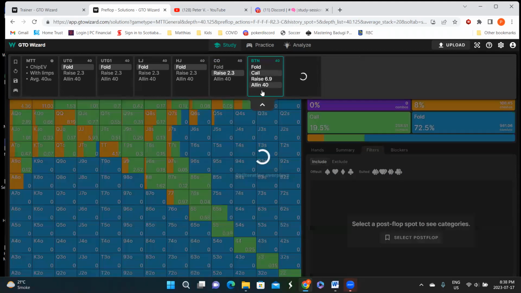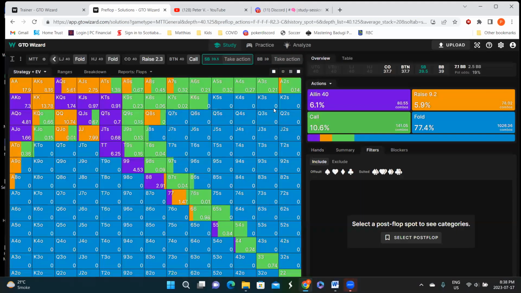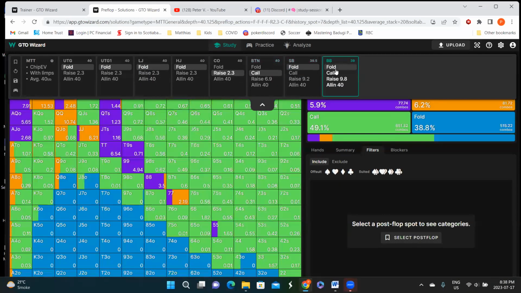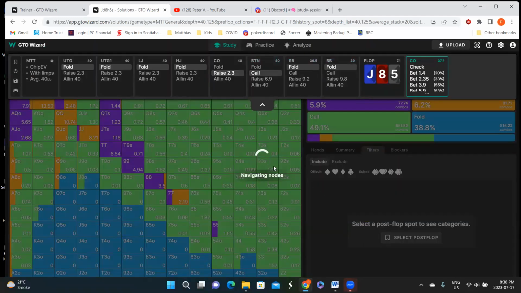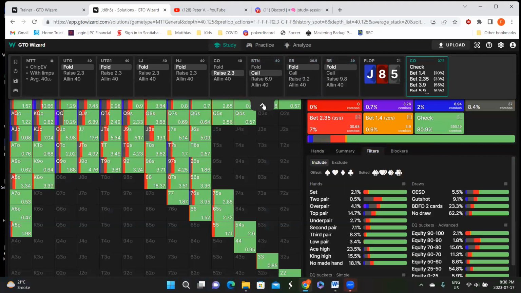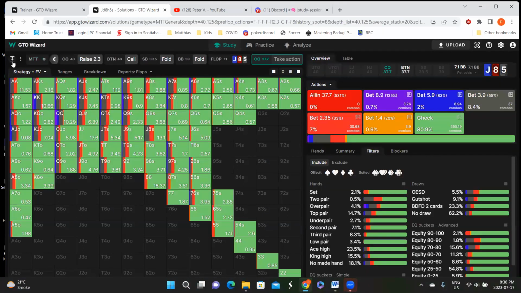So we're going to start with calling, and we're going to get to a flop. And then from that flop, we're going to work on all of the ideas of how ranges interact, and we're going to do it from both sides. I'm getting a bit ahead of myself, but we're going to look at that in a sec.